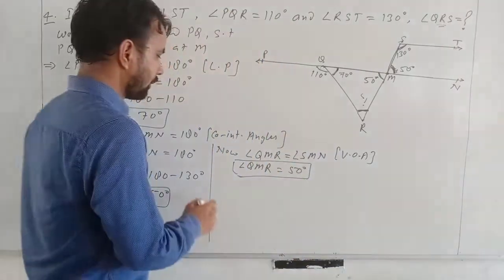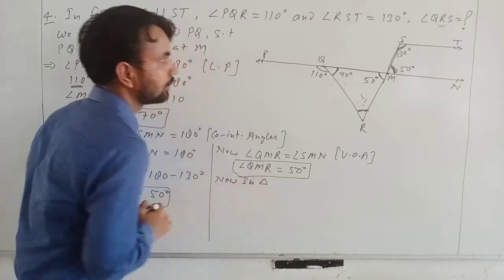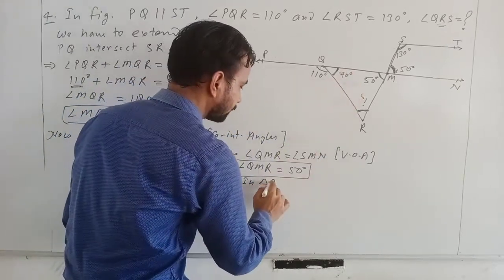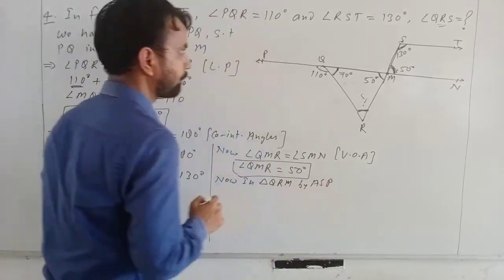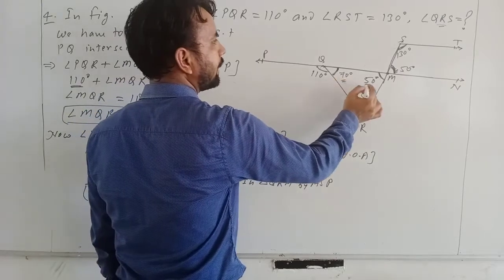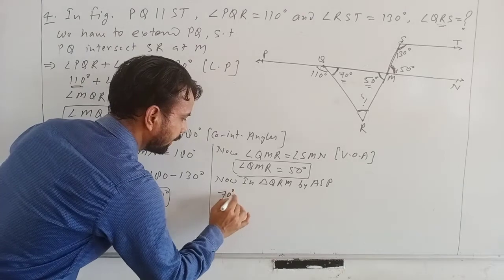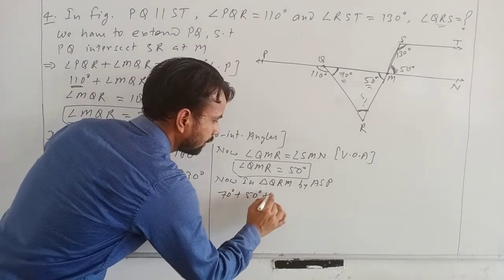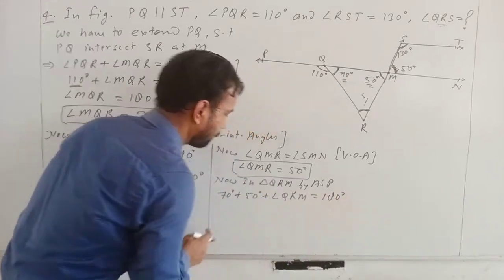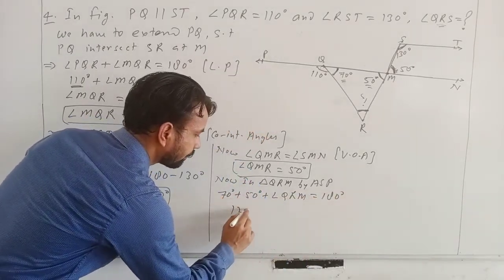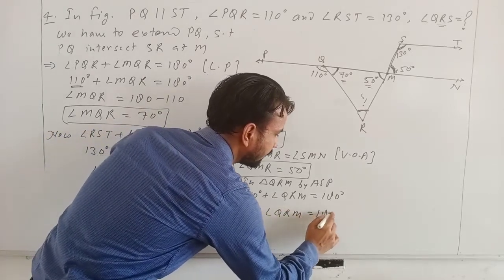Understood? So now in triangle QRM, by angle sum property, 70 degrees plus 50 degrees plus angle QRM equals 180 degrees. 70 plus 50 is 120. So 120 degrees plus QRM equals 180 degrees.